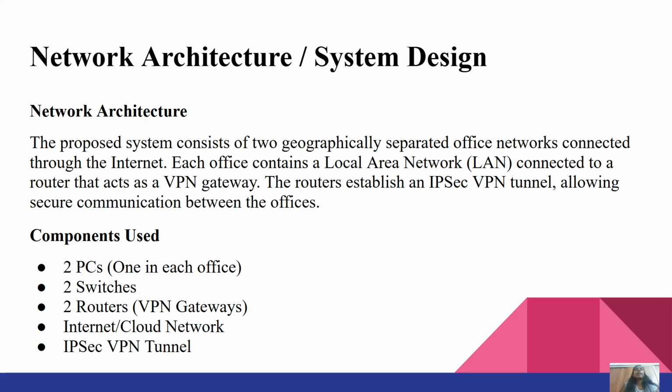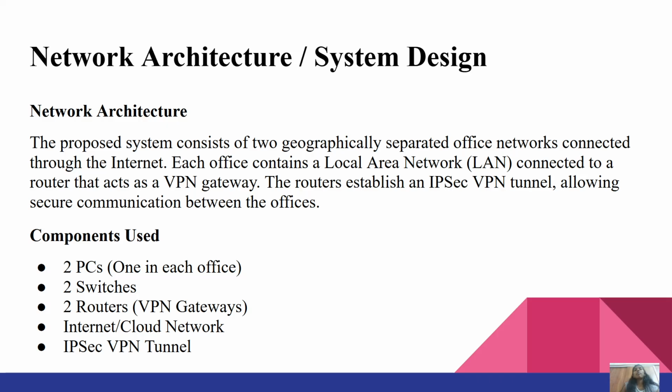Network architecture and system design. The proposed system consists of two geographically separated office networks connected through the internet. Each office contains a local area network (LAN) connected to a router that acts as a VPN gateway.